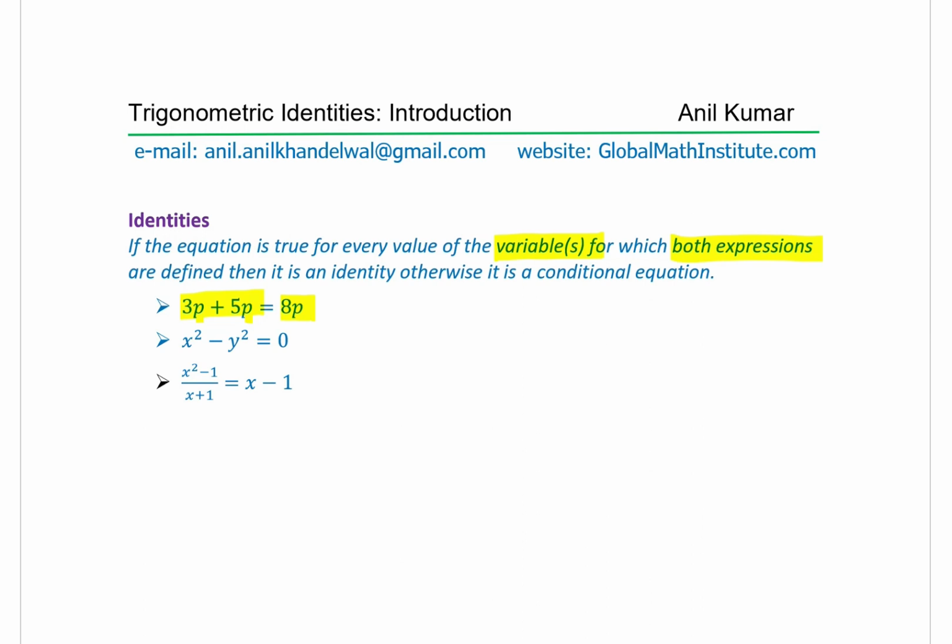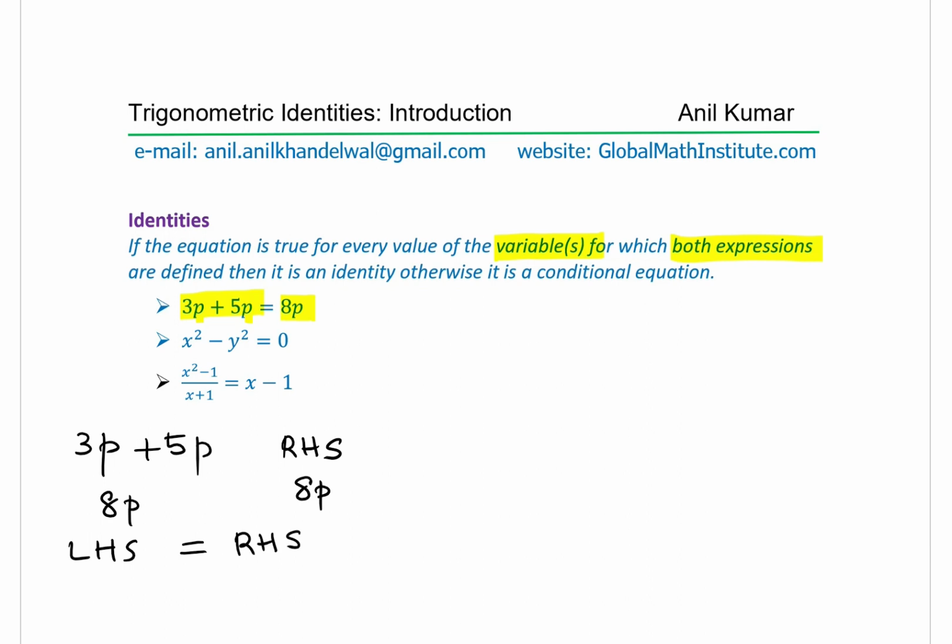For example, the very first one is 3p plus 5p. If I add them, I get 8p. Now this is my left hand side expression. And on the right hand side, what do I have? On the right hand side, I already have 8p. So what I have shown here is that left hand side is equal to right hand side.